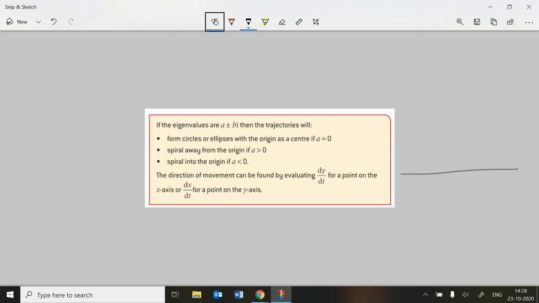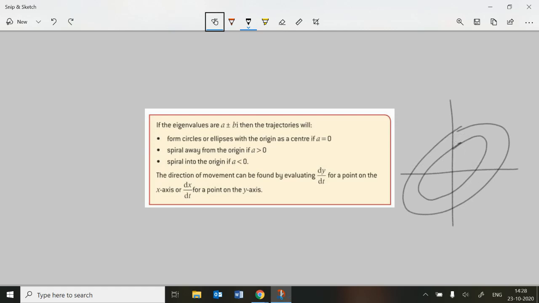So you'll get circles just going round one direction or the other direction. There'll be concentric circles or potentially concentric ellipses, and those ellipses can be like this. So they don't necessarily need to be square on, if you like. Again, they could go one direction or the other direction as well.